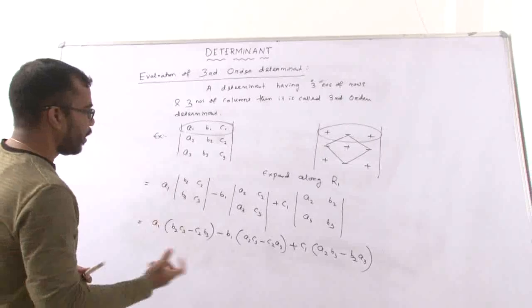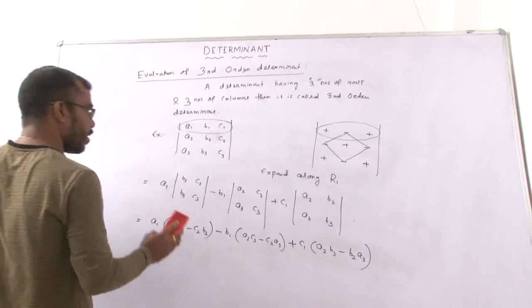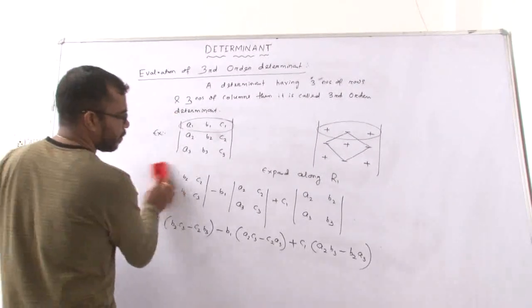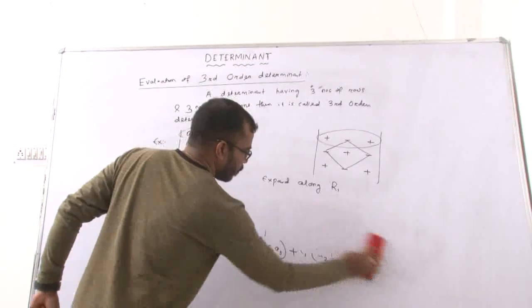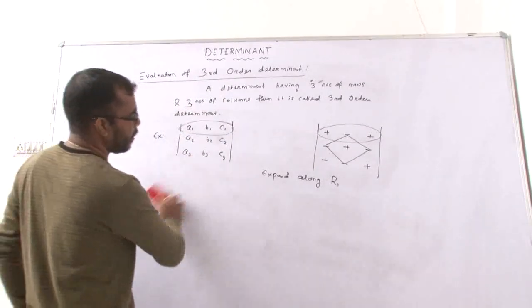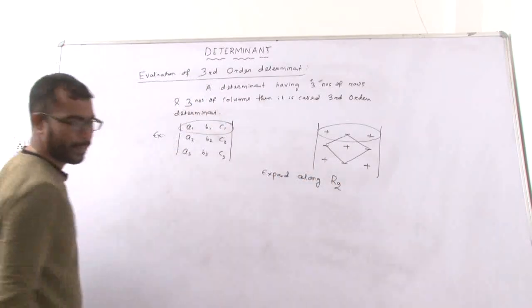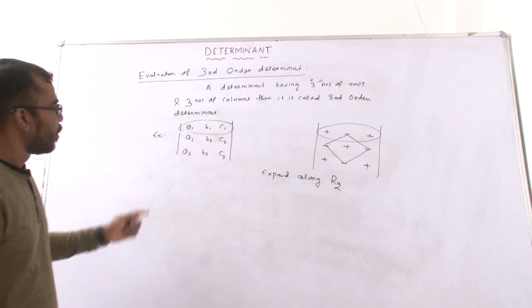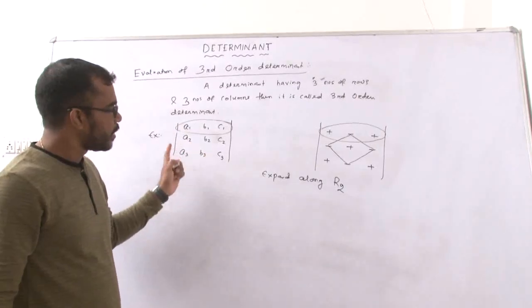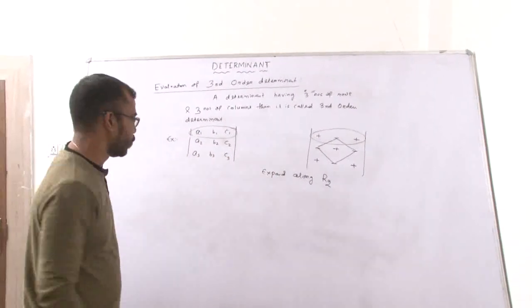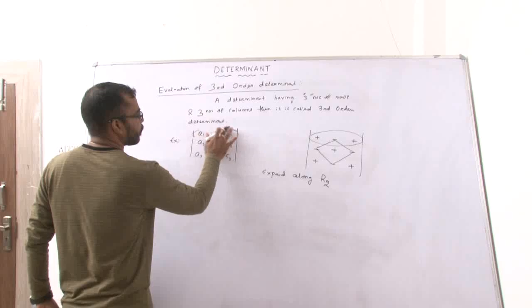Now take another example. Similar question, but we expand the above determinant along R2.